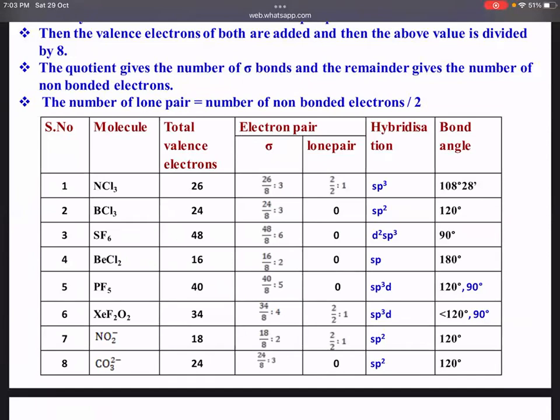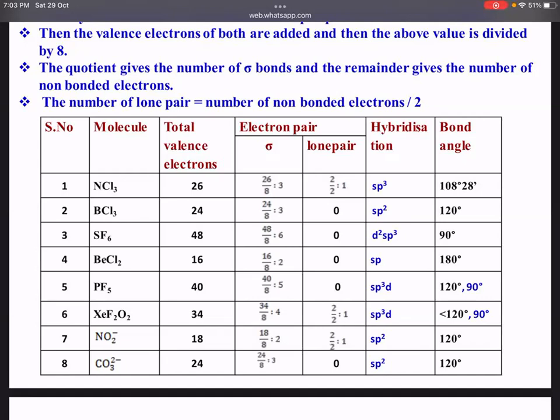So the quotient gives the sigma bonds and the remainder gives the non-bonds. So nitrogen has 1 lone pair and 3 bond pairs. So in the tetrahedron you have NCl3, and the hybridization becomes sp3, because 3 plus 1 is 4. The bond angle is less than 109 degrees because of the lone pair of electrons.